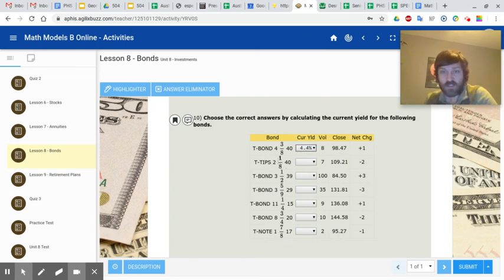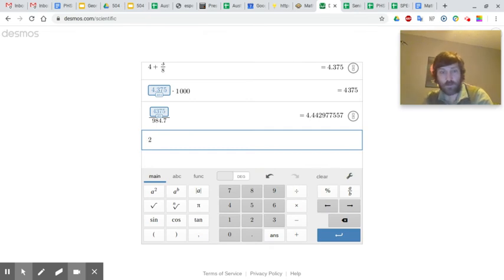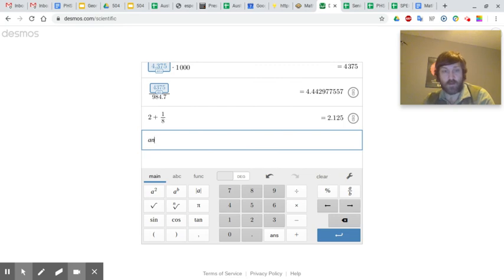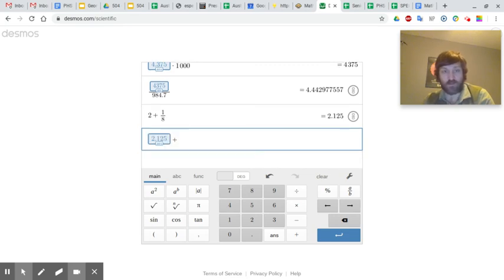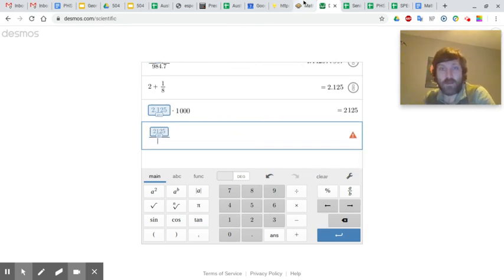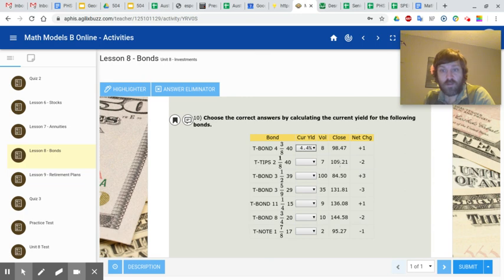We'll do one more just to drive the point home. So T-tips is 2 1/8. So 2 1/8. Do the answer times 1,000. And then divide that answer by the close with the decimal moved 1.